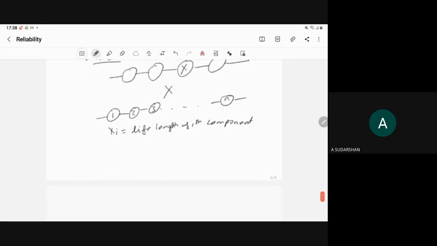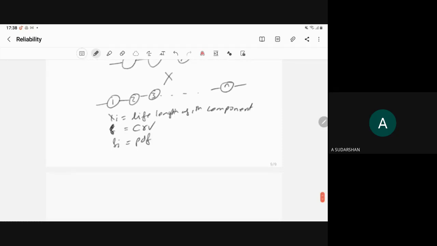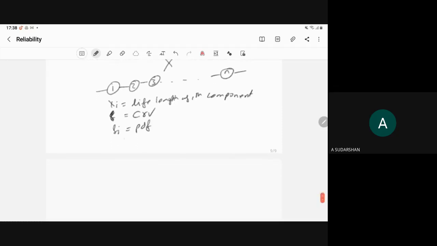Let Xi denote the life length of the ith component, and it is a continuous random variable. Continuous random variable means it is characterized by the PDF, so fi is the PDF of the life length of the ith component.